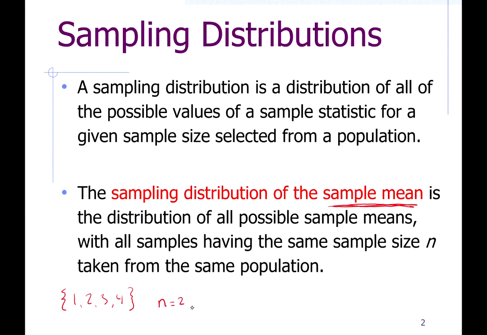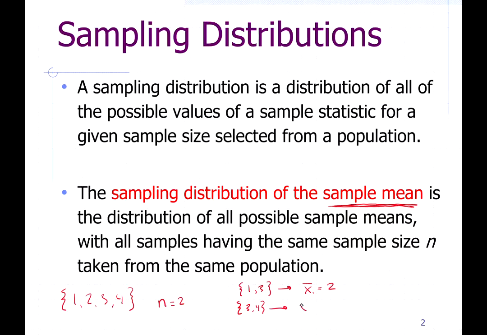So we could take every possible sample of size 2. For example, sample number 1, we could take, I don't know, a 1 and a 3. And so the first sample mean would be, well, the average of 1 and 3 would be 2. Another possible sample could be the 3 and the 4.